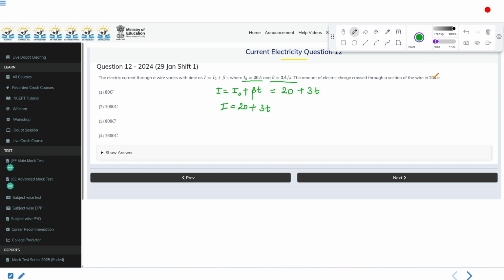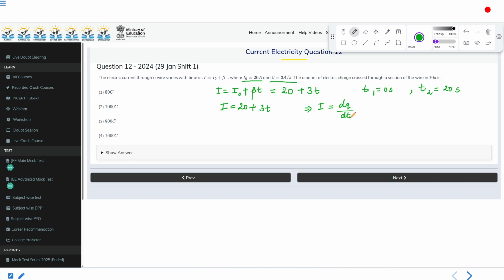Got it? For the first 20 seconds, it means t1 is equal to 0 second and t2 is equal to 20 seconds. So for 0 to 20 seconds, we have to find the amount of charge crossed through a section. We know that I is equal to dq by dt. This expression is for the variable current, the instantaneous current.